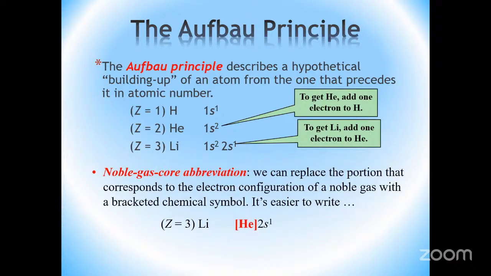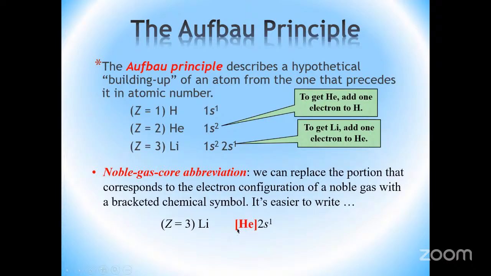In the case of lithium, the group 8 element that comes immediately before lithium would be helium. And the electron configuration of helium, as we said before, is 1s2. So to get the abbreviated version, we replace this part here, which is equivalent to the configuration of helium, with the symbol of helium within square brackets.